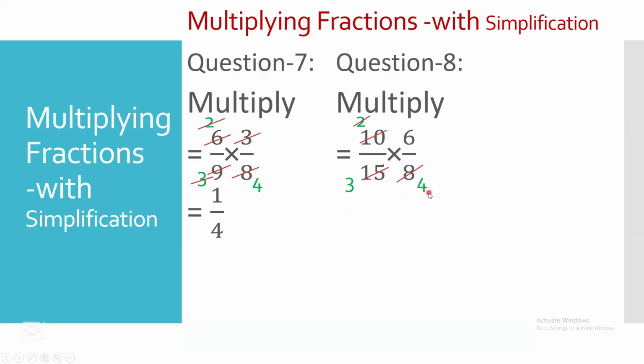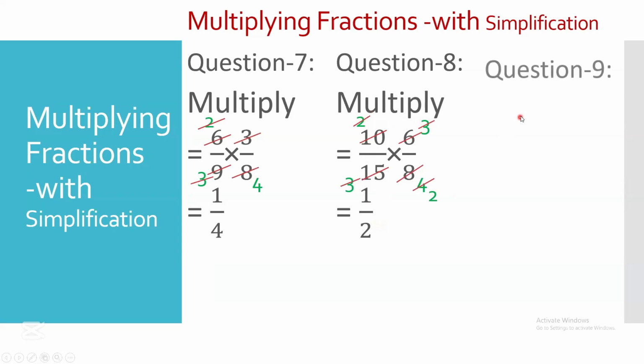Now this 4 and 6 we can divide by 2. So 2 2s are 4, 2 3s are 6. So only 3 and 3 by 2 is left. And here 3 is here. So this 3 and this 3 can be cut. So this 3 is out. Now up there is nothing. So there will be 1 up and this 2 down. You remember, if there is nothing left on the up side, you have to put 1 for that.